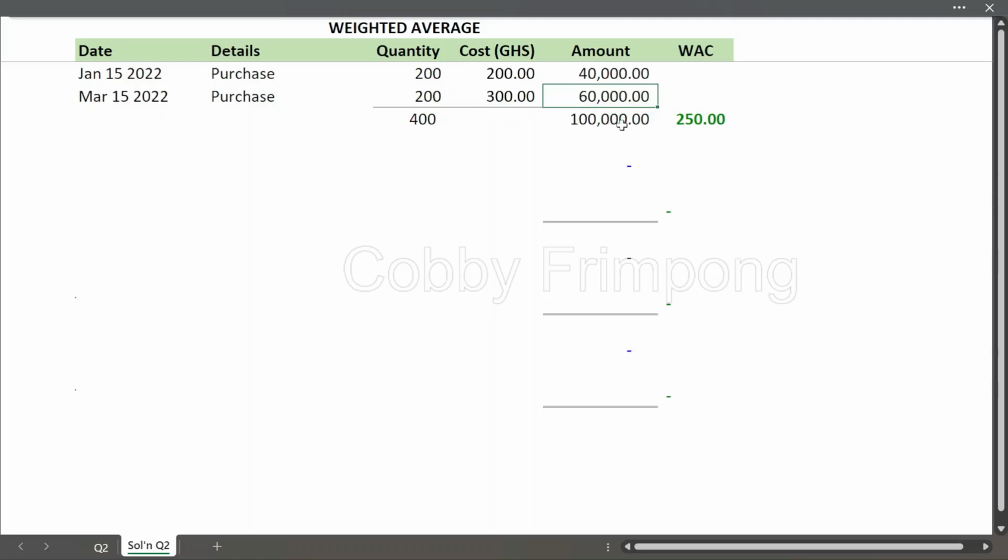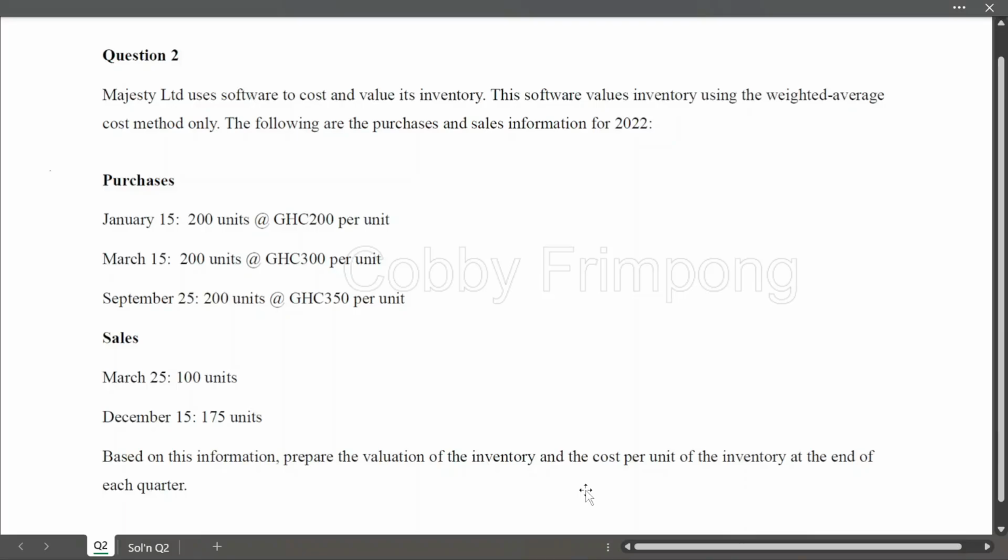Now we need to calculate our weighted average cost. We do this by dividing the total value by the quantity. This average cost will be our cost of sales per unit of items sold. The next transaction in the first quarter is a sales transaction of 100 units on March 25th.